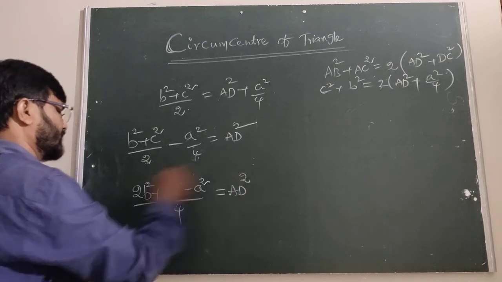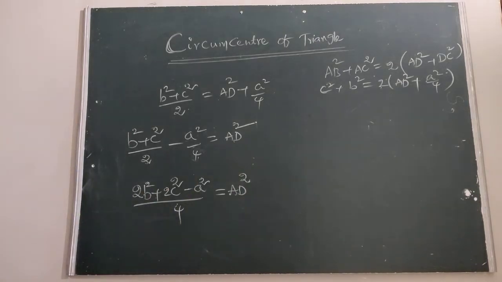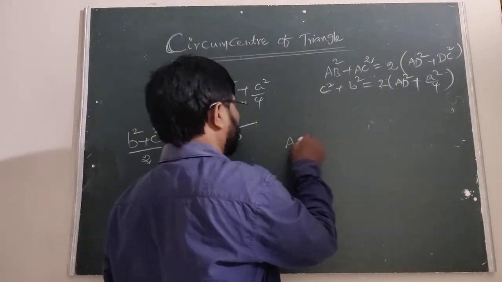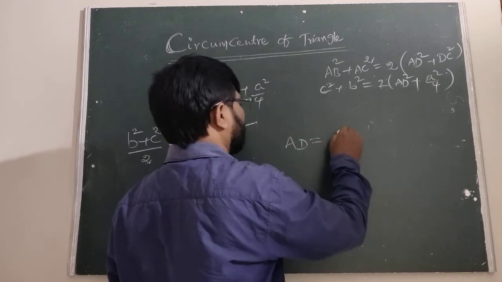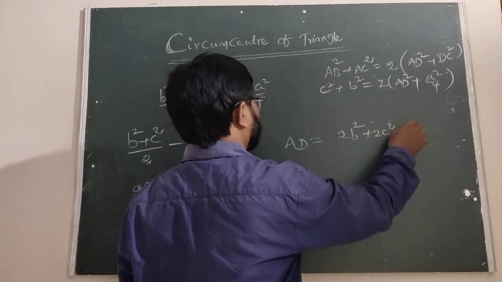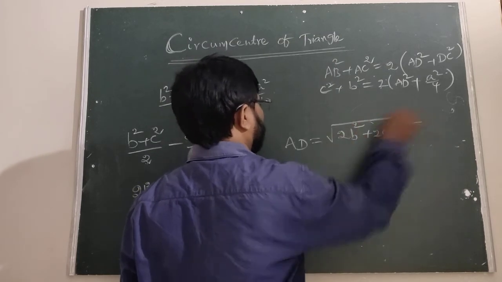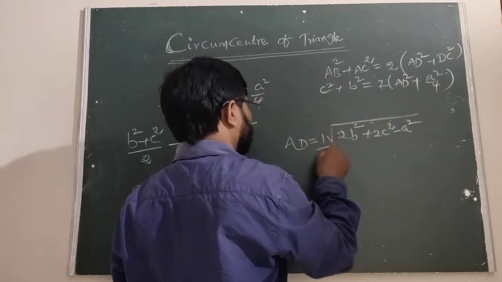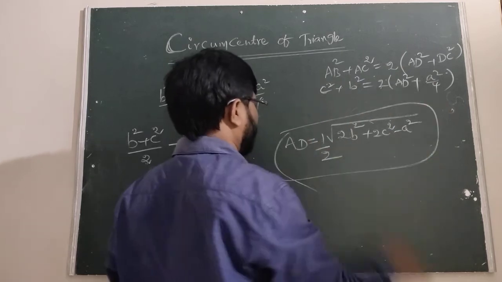Now the square is sent to the other side. Then AD equals half into the square root of 2b square plus 2c square minus a square. This is the formula for the length of AD.